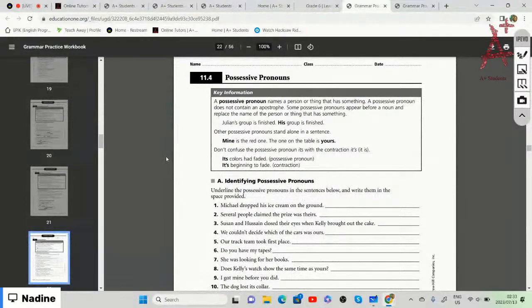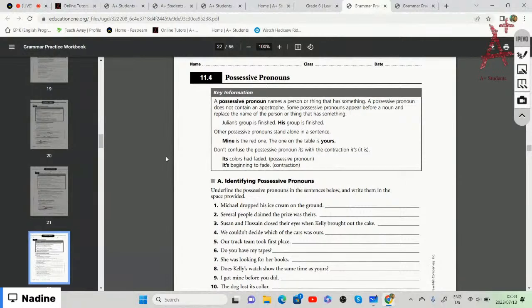Some possessive pronouns appear before a noun and replace the name of a person or thing that has something. So instead of saying the person's name, we can say her or his. For example, Julian's group is finished. Instead of saying Julian's group again, we can say his group is finished, because we are talking specifically about Julian's group.